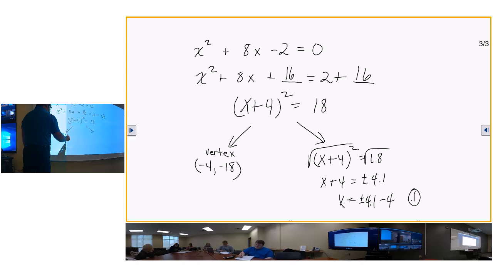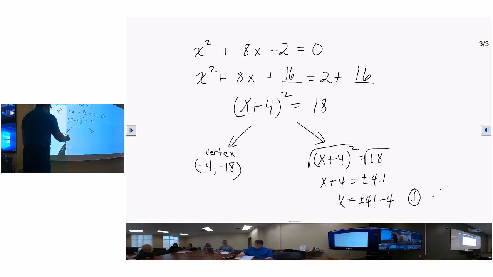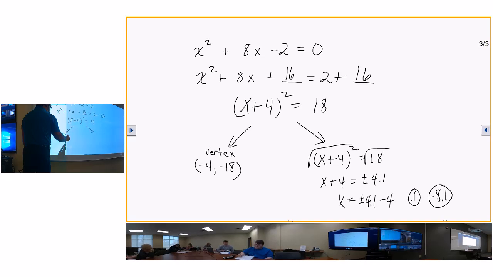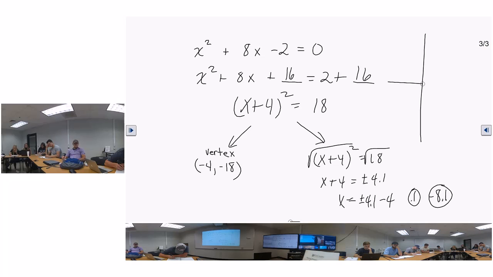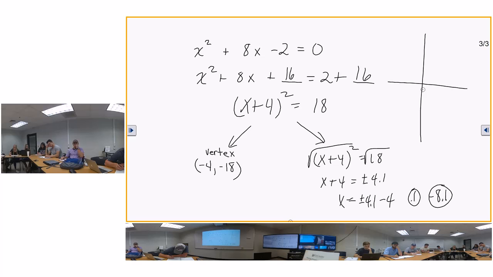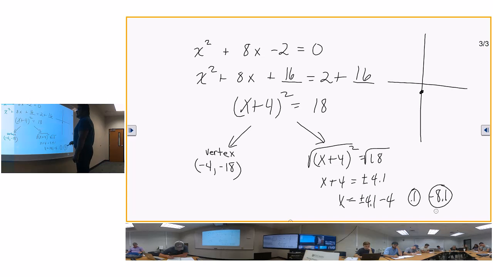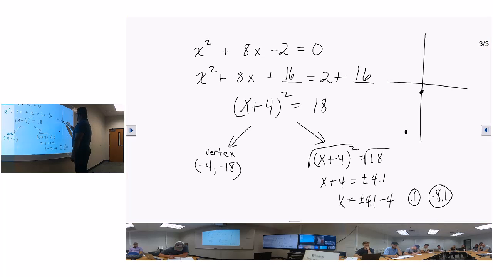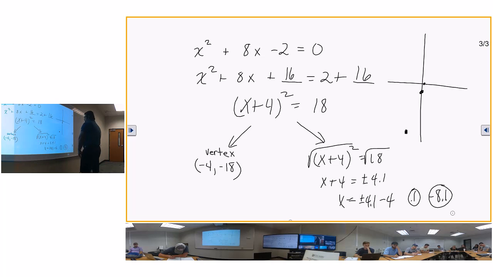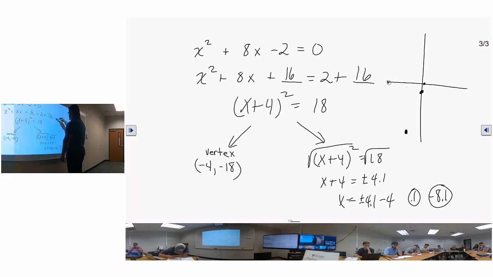And negative 8.1 is the other x-intercept. So now we're done. So 0, -2. We've got a vertex of -4, -18, which is way the heck down here. And 0.1 is right in there. And negative 8.1, dang over here somewhere.